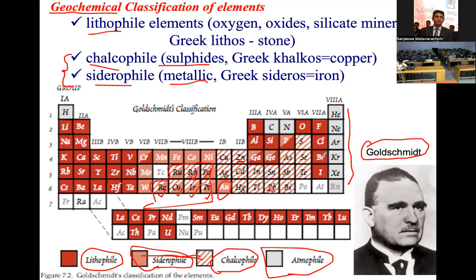Okay, so these are the main geochemical classification of elements, and we frequently use them in solid rock geochemistry, hard rock geochemistry, when considering different geological processes. Their behavior is very critical in geological processes. So we consider them separately, therefore. Okay, so these are the main categories.